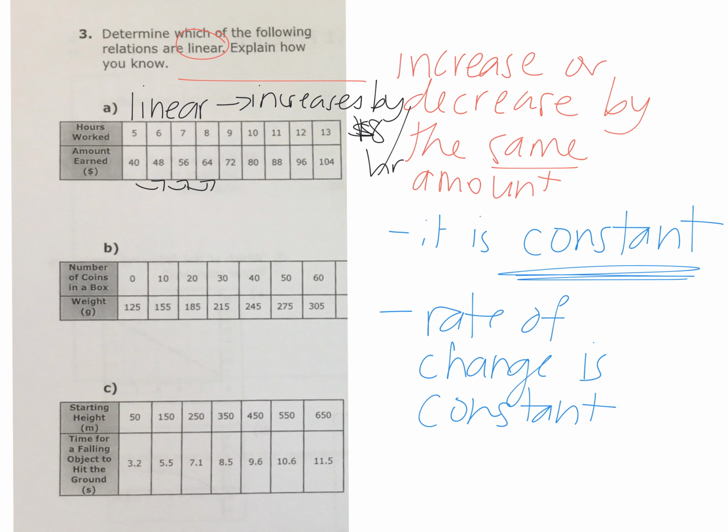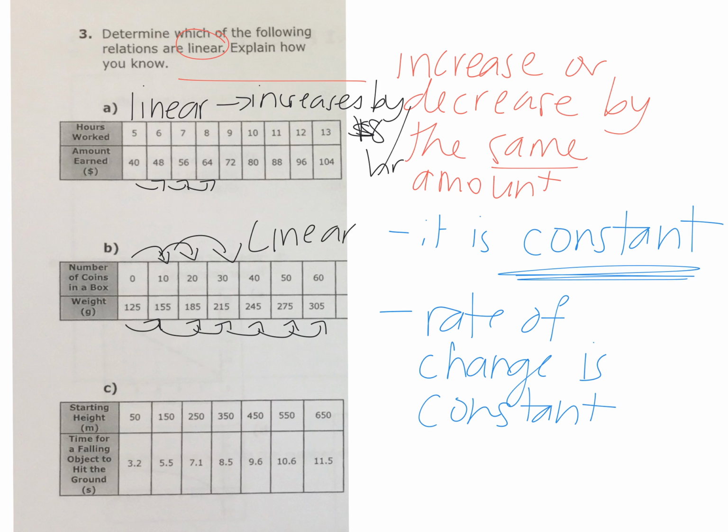Okay, B. Number of coins go up by what? By 10. Does the weight increase by the same amount? Yes. What does weight increase by? It's linear. As coins go up by 10, weight of the coin box goes up by 30 grams.